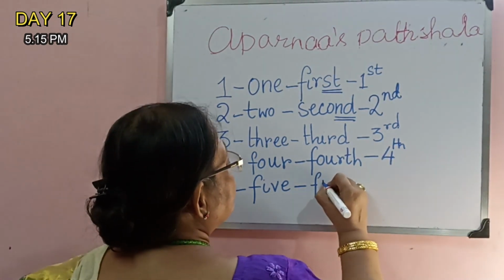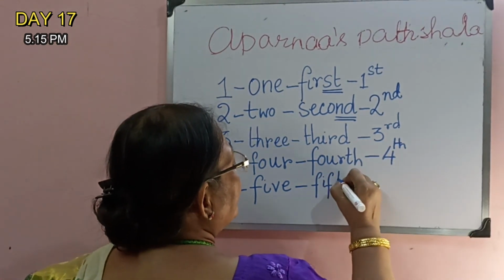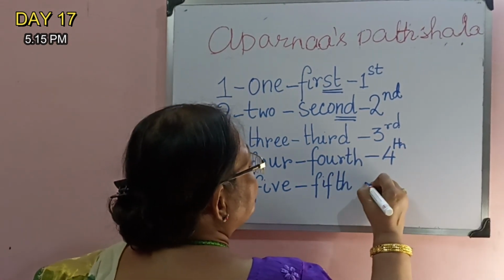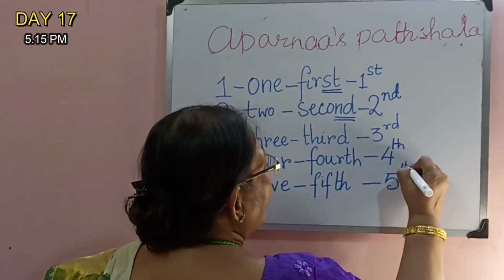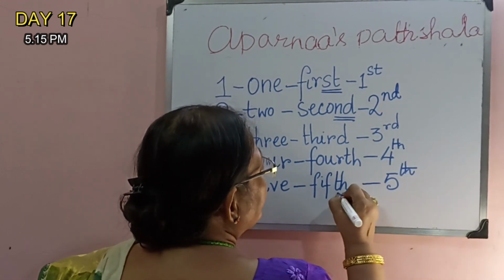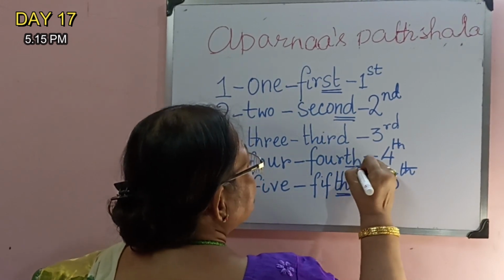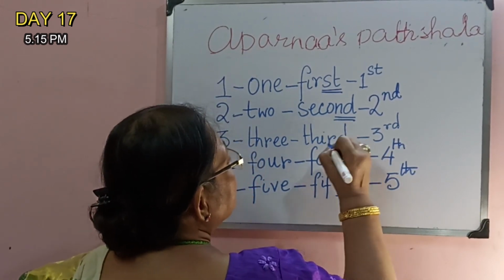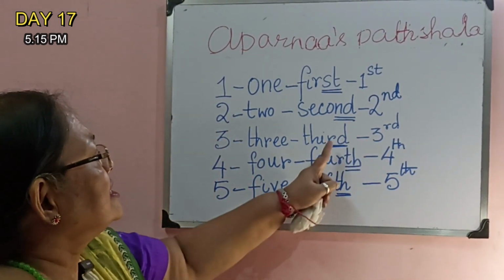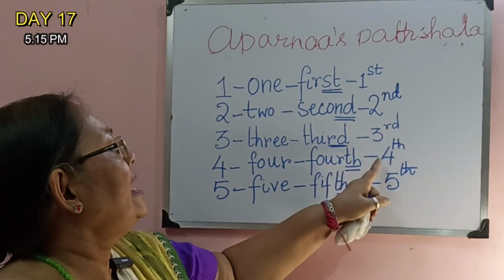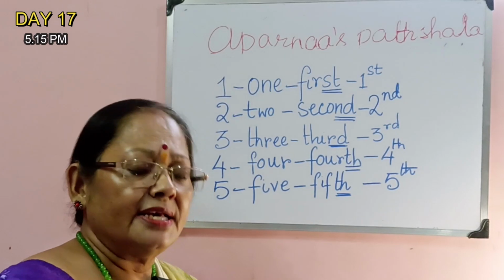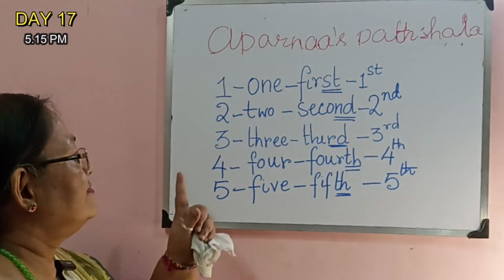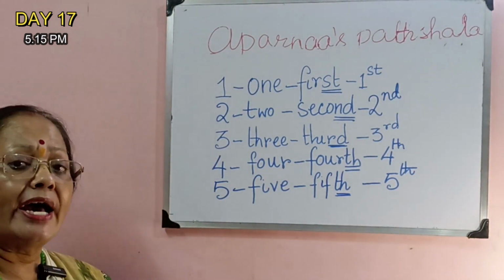So I am writing it here, F-I-F-T-H, fifth, and again we are writing the number 5 and on top we are writing T-H. See, these are working, D, T-H over there, T-H over here. Is that clear? Now we have learned up to 5.